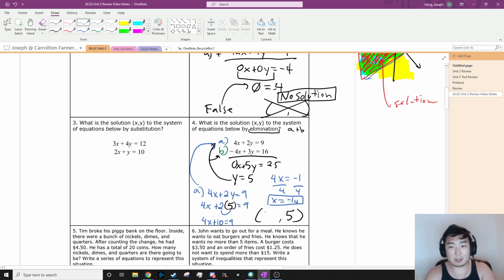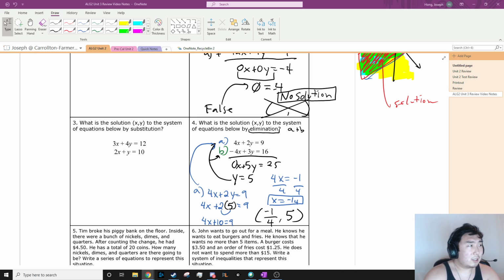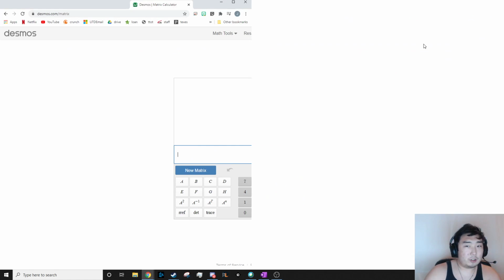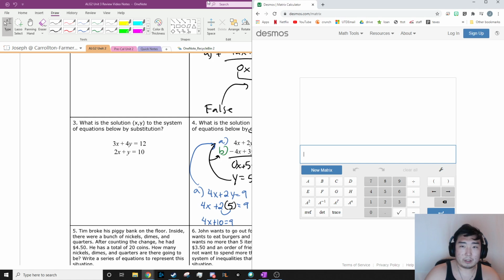So that means my solution is going to be like this. And I want to make sure that's right, because on the test you only have one try, so might as well get it right. And check it. You can always build a matrix off of it.